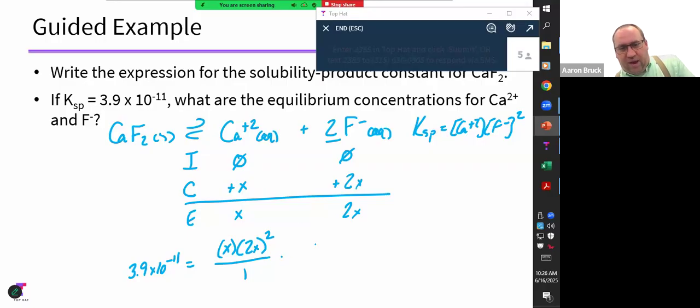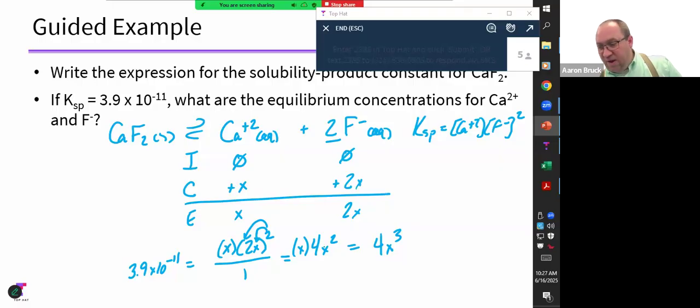I can't tell you the number of times I've seen someone with this exact kind of calculation tell me that it was 4x squared here at the end. And that's absolutely incorrect. You have to square both terms inside of the parentheses. So this is actually x times 4x squared, because we squared the 2 and we squared the x. So 4x cubed is the correct expression here.